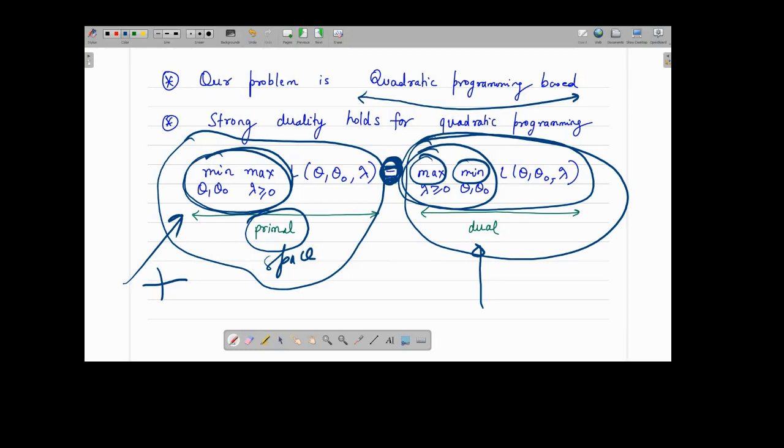In quadratic programming, you can replace min-max with max-min. But if it is not quadratic programming, then it is only greater than or equal to, so in that case, it's tough to do it. But in the case of quadratic programming, you can easily replace the first one with the second one.